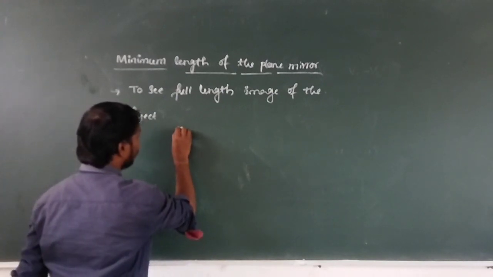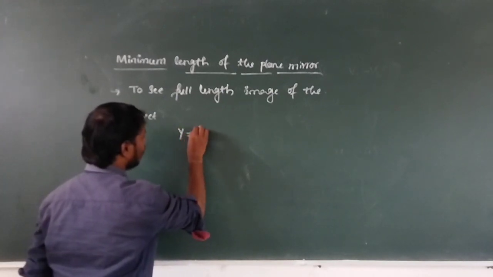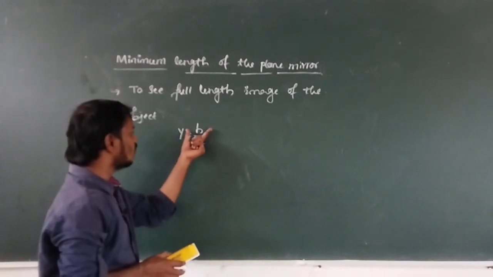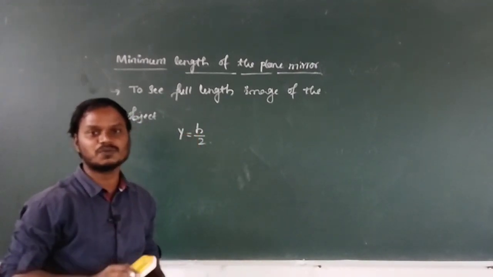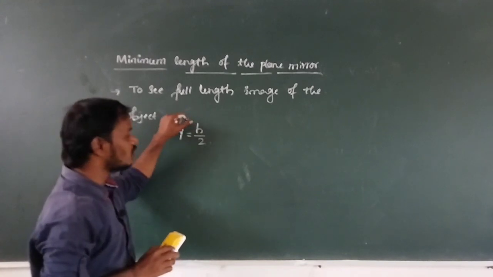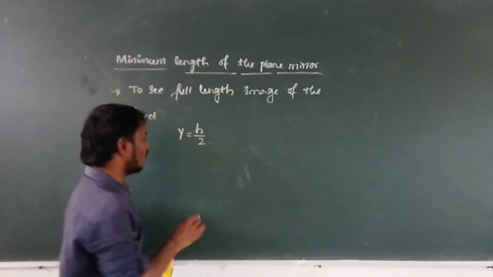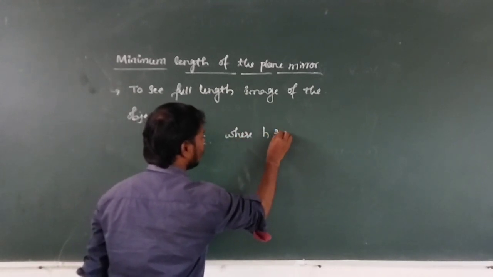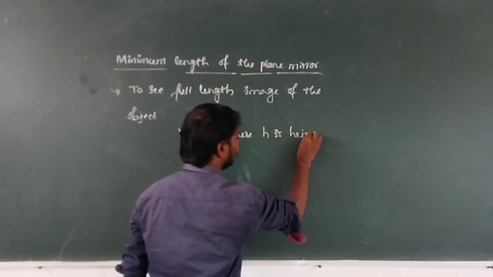That can be, I will take y, that y is equal to h by 2. What is h here? H is nothing but height of the object. Remember this point. h is height of the object.